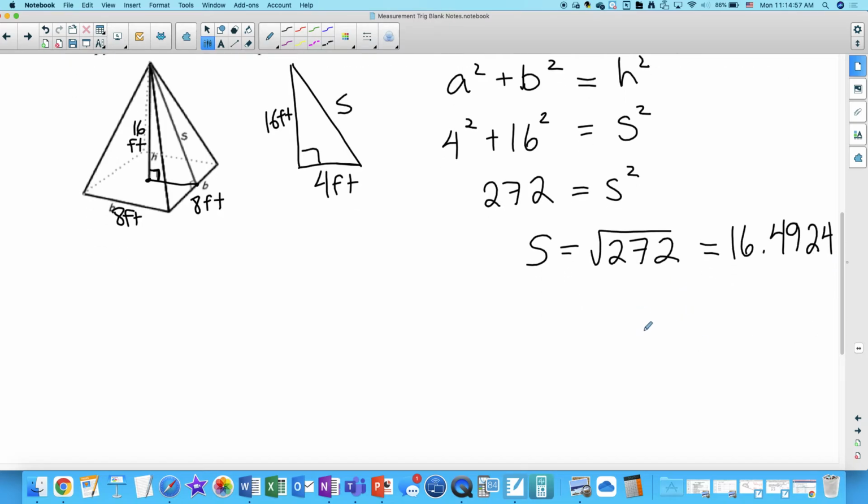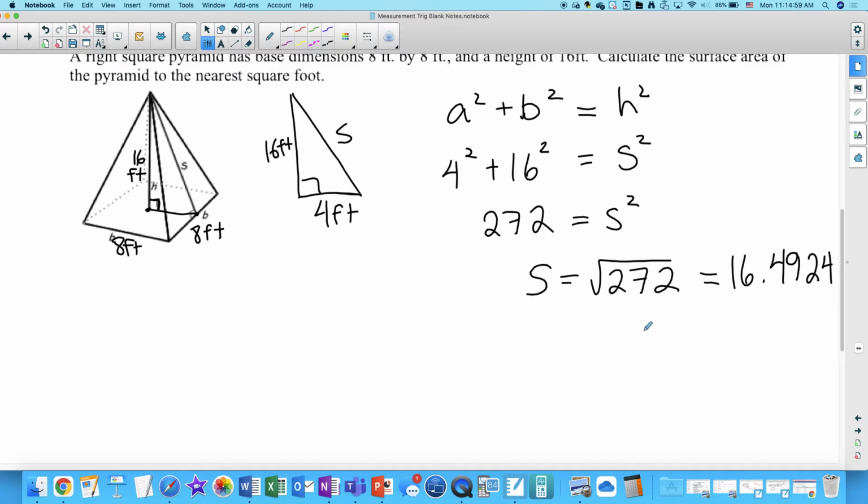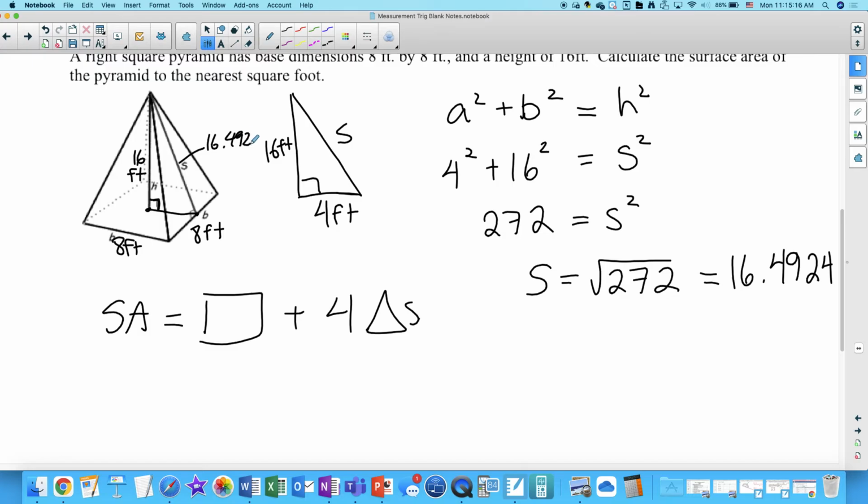now we can figure out the surface area of this pyramid, because the surface area is the square plus 4 triangles. And we now know the height of the triangle to be 16.4924.